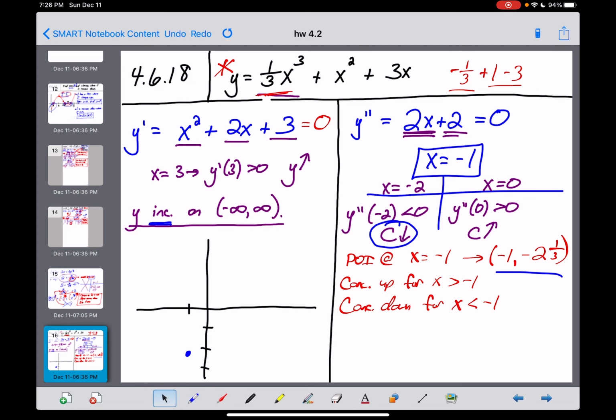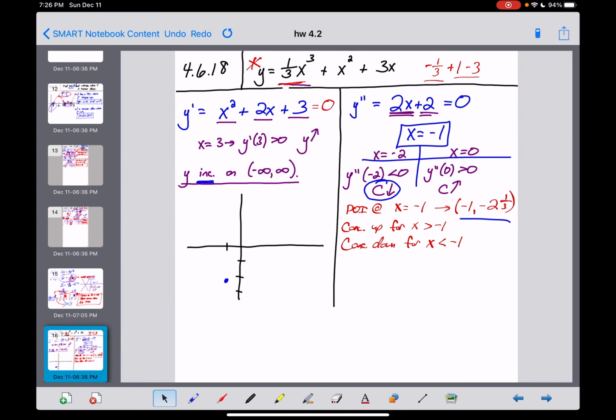So I'm going to draw a graph. Let me zoom out just a little bit here, guys. I'm going to draw a graph that is increasing and concave down, although I find it a little easier to draw this way. That, I think, is what this graph is going to look like here at that point. And then after it hits that point of inflection, the graph continues to increase, except now we're concave upward.